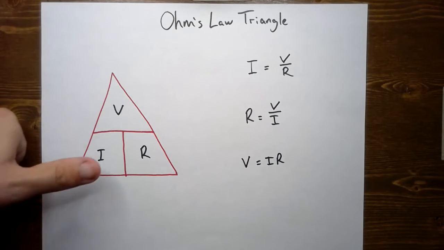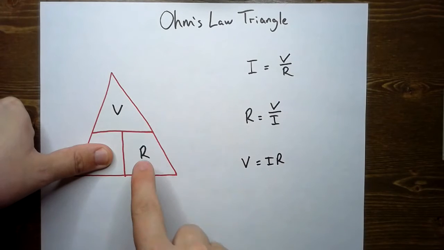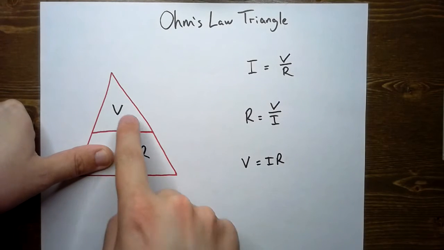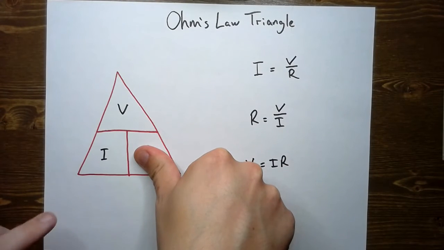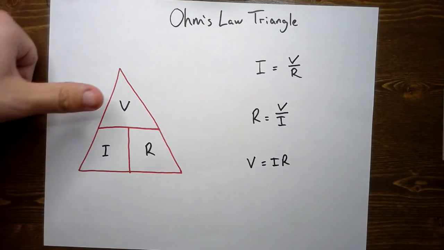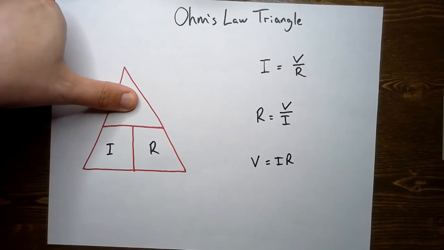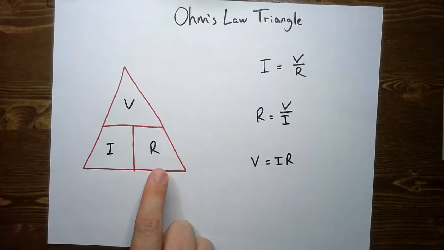So if I'm looking for I, cover I with my thumb, I get V over R. So I equals V over R. If I want R, I cover that with my thumb. You get R equals V over I. And if you want V, you cover that with your thumb, and you get V equals I times R.